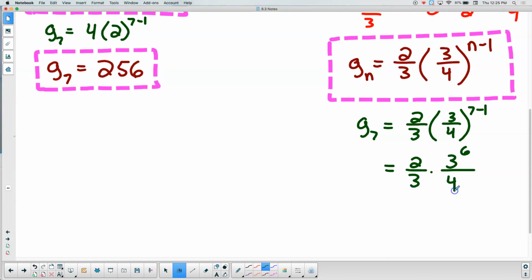3/4 to the 6th power is 3 to the 6th power over 4 to the 6th power. The 3 on the bottom will cancel out one of the 3's on the top, leaving it 3 to the 5th power.